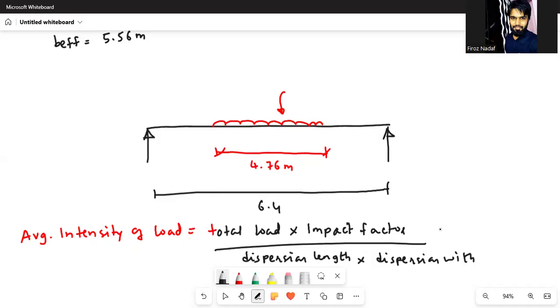Okay, so total load of IRC class AA tracked vehicle is 700 kilonewton.